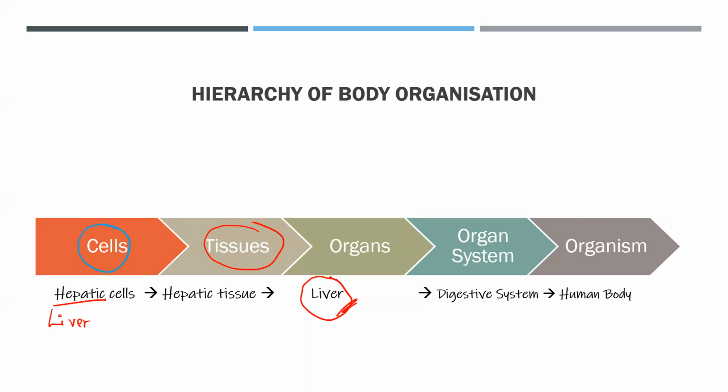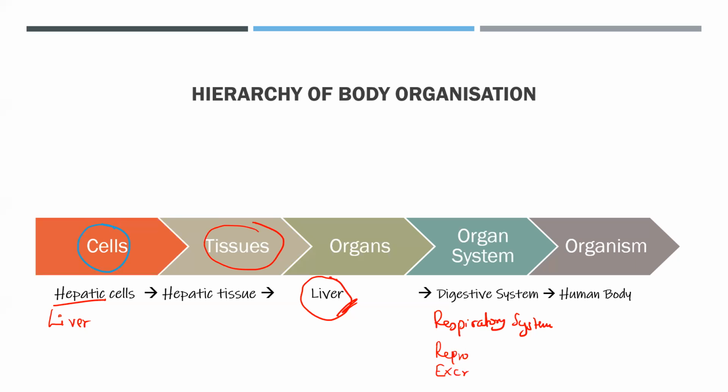Okay. And the various organ systems of our body, for example, the digestive system, the respiratory system, then we can add the reproductive system, we can add the excretory system. Okay, many systems can be added.